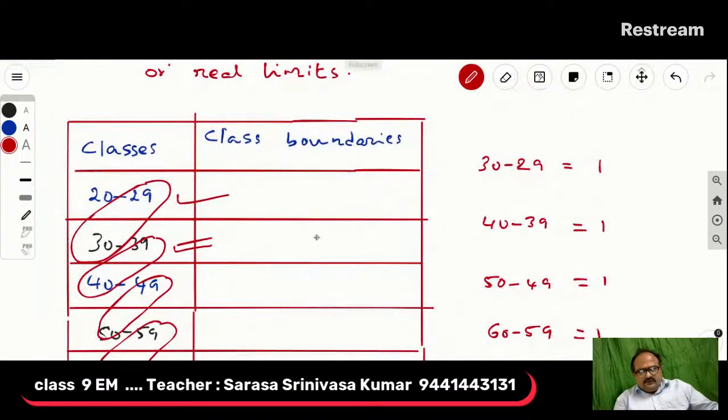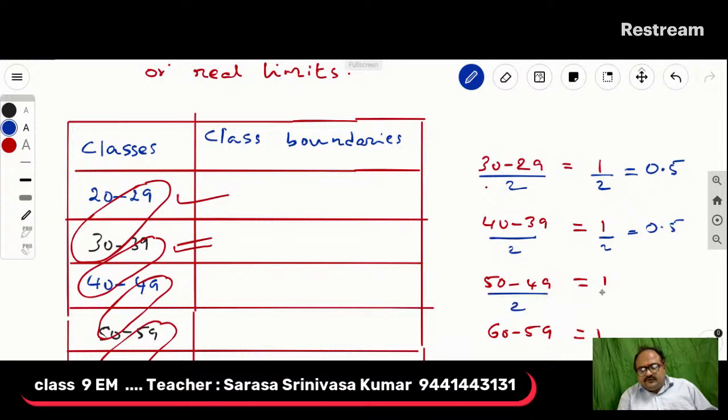Now what we have to do is we should take half of the difference. What is half of the difference? This is divided by 2, that is 1 by 2. So 1 by 2 equal to 0.5. Here also divided by 2 equal to 0.5.